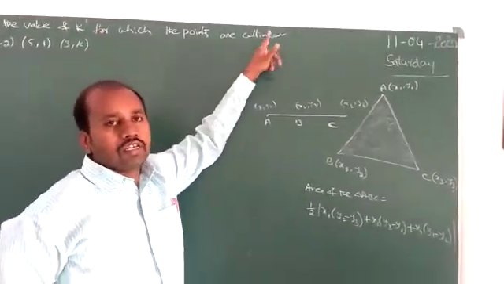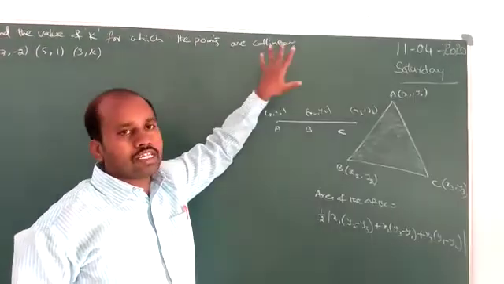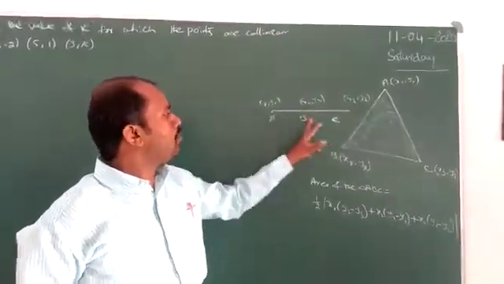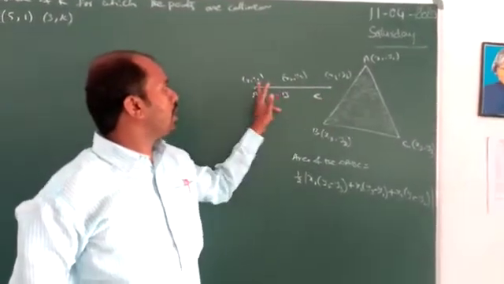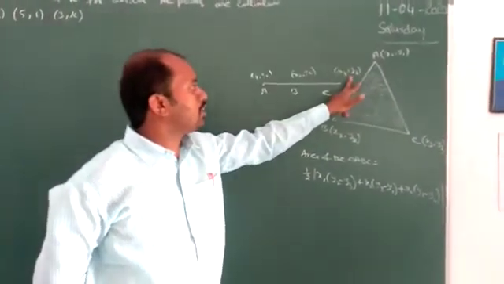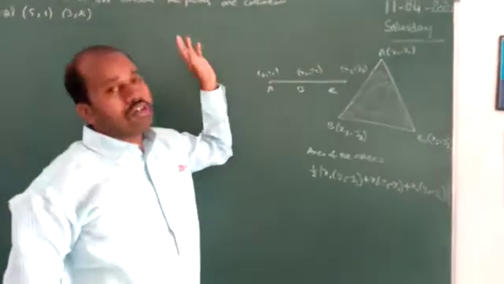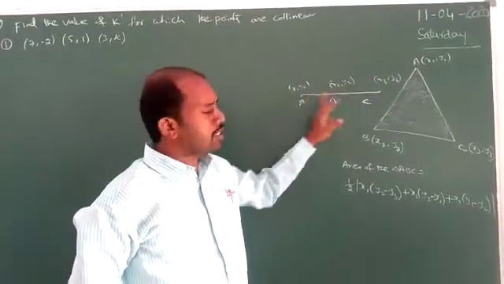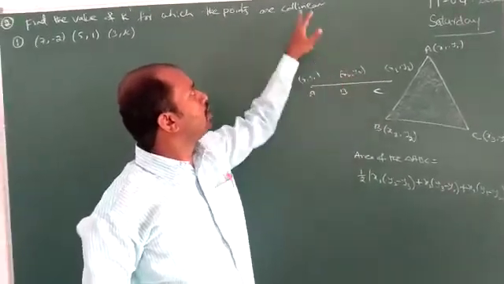Collinear means if the 3 points are in the same line, then the points are collinear.